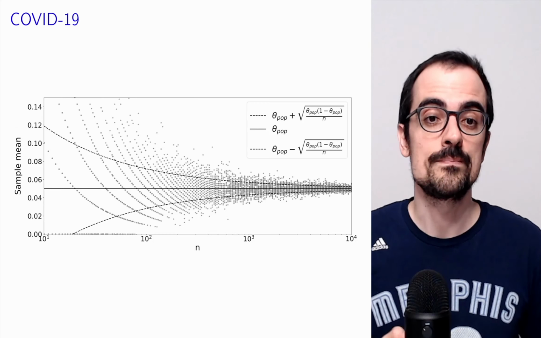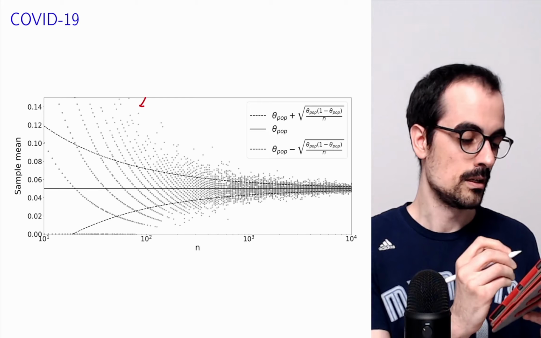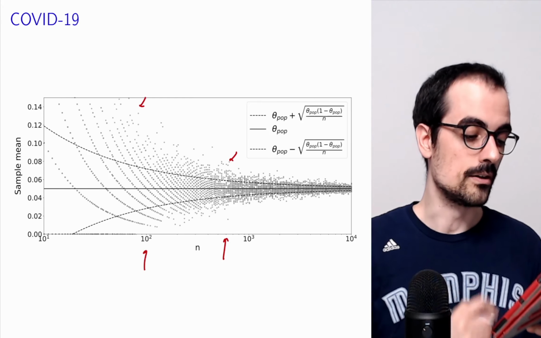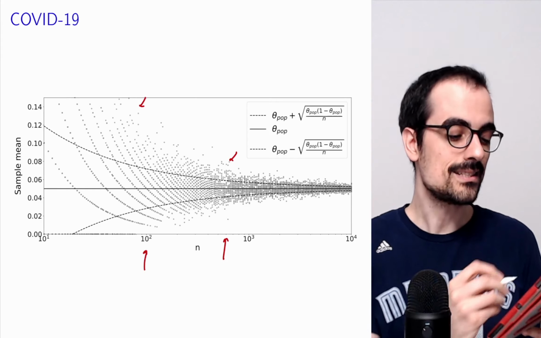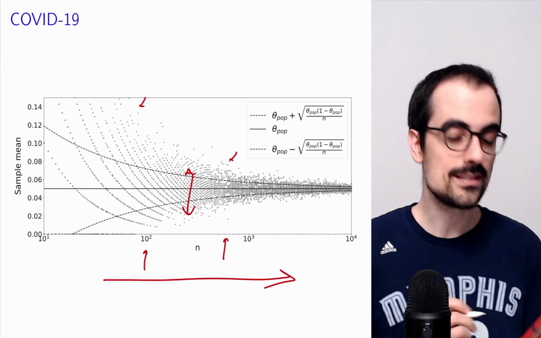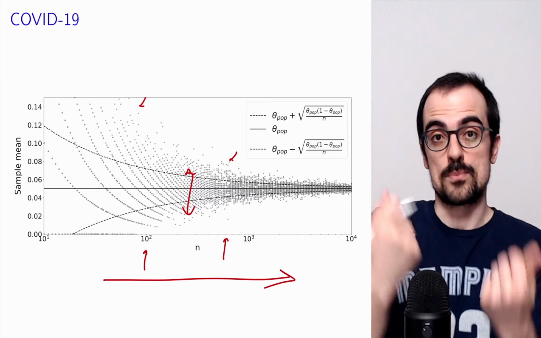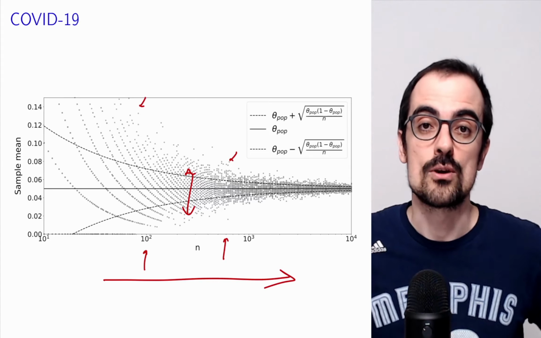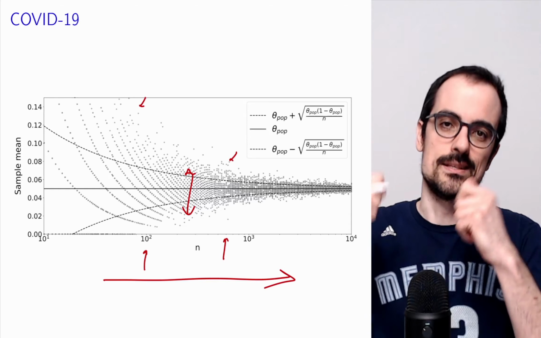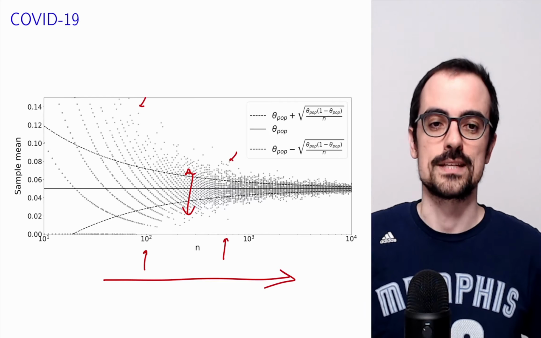To visualize that better, we have this graph here where again each point is a sample proportion, using this number of measurements, and we again see that the spread in the sample proportions as n increases exactly scales with our formula for the standard error, which is the square root of the population proportion times 1 minus the population proportion, divided by n.